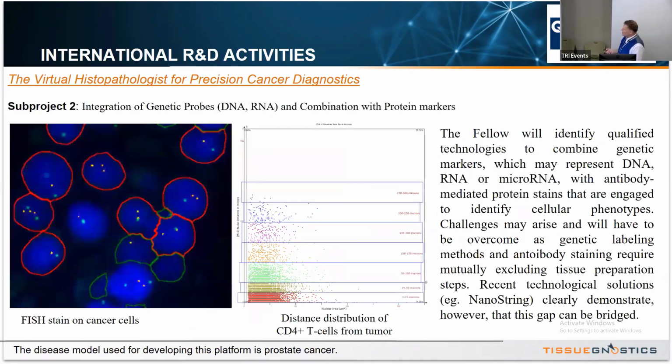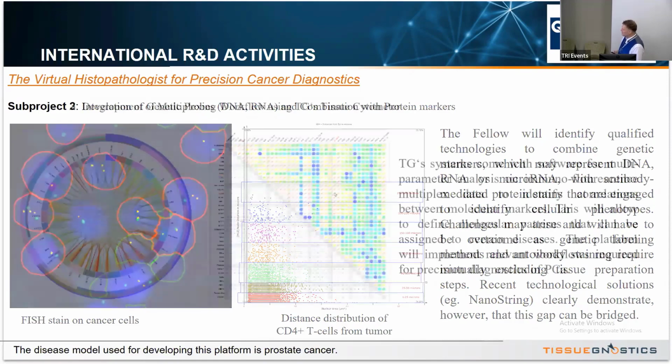The second sub-project within this virtual histopathologist refers to integration of genetic data. This means that we have algorithms for RNAscope, but we are also in discussion with companies like NanoString, 10x Genomics, or Murphy's technology, so that we can import data from these single-cell genomic platforms and combine them with our phenotypic platform.